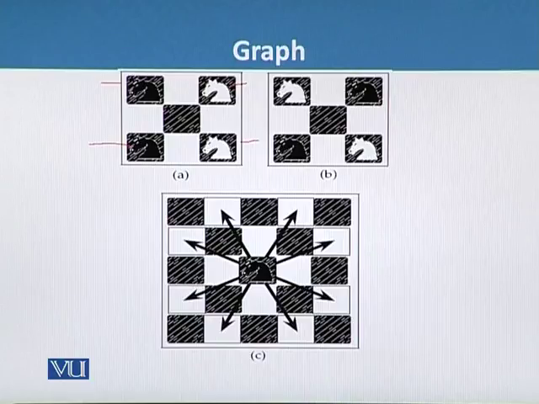The question that arises is, can they move using the usual chess knight's move to occupy the positions shown in B? It means that these two black horses, which are on the left side, after making their moves, can they occupy the positions in the diagonal? So this is the question of this graph theory.